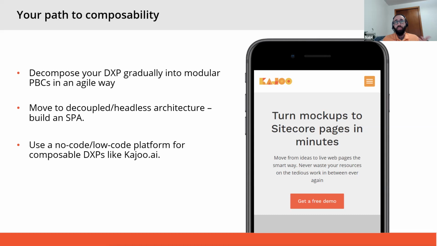So using no-code or low-code platforms for composable, like Kajoo.ai, to move to the headless or composable architecture is really a good use case to move to headless as a first step with way less cost than doing it manually again.